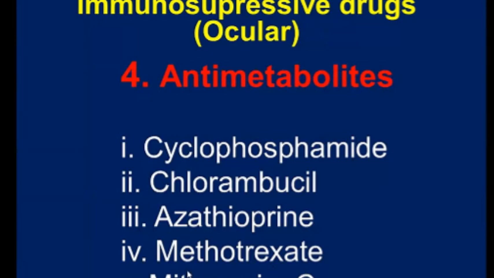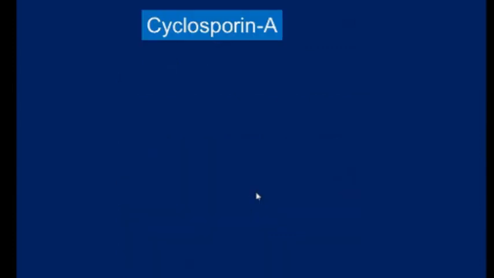This mitomycin C is the one we use for conjunctival grafting after pterygium excision. So in order to reduce the inflammatory response, or the process of the body rejecting that conjunctival graft, we administer mitomycin C. So these are other examples of antimetabolites.